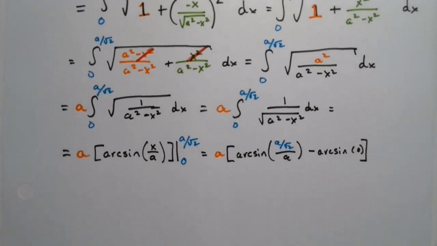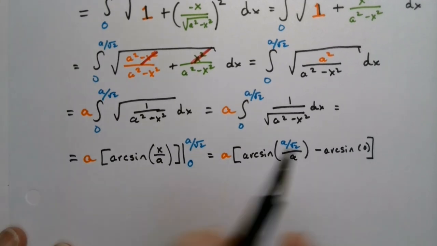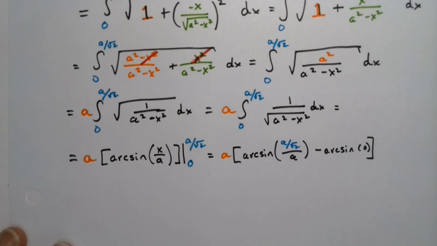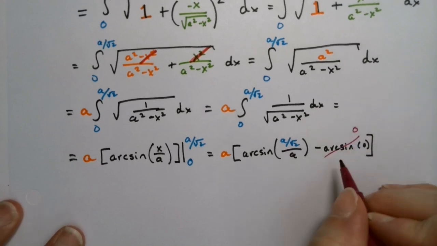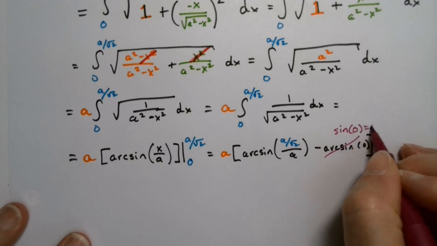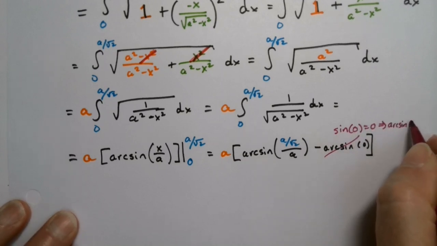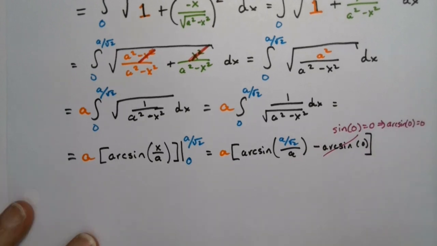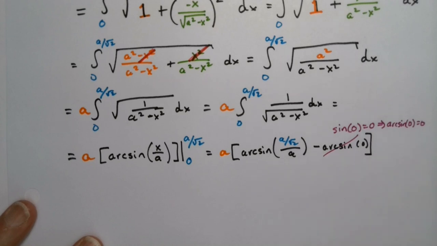All right, so a couple things. This is 0. It's 0 because you're looking for the angle that would make, right? Because the sine of 0 is 0, therefore arc sine of 0 is 0. This is the angle that would make a sine value of 0.